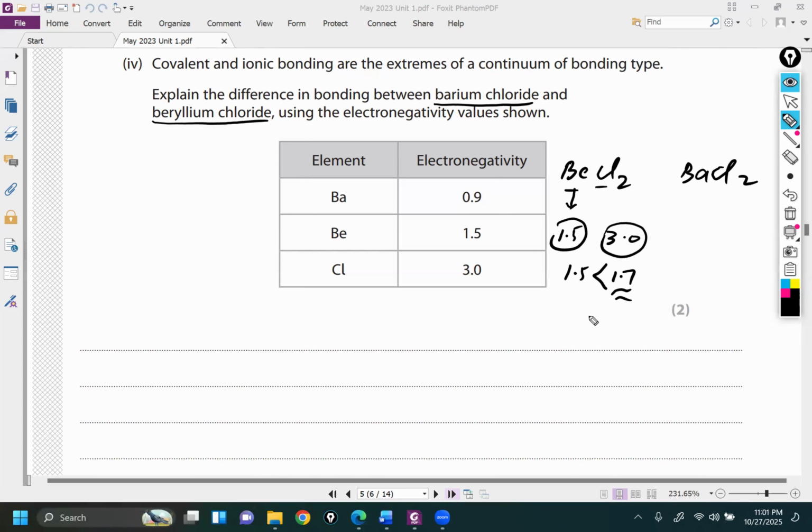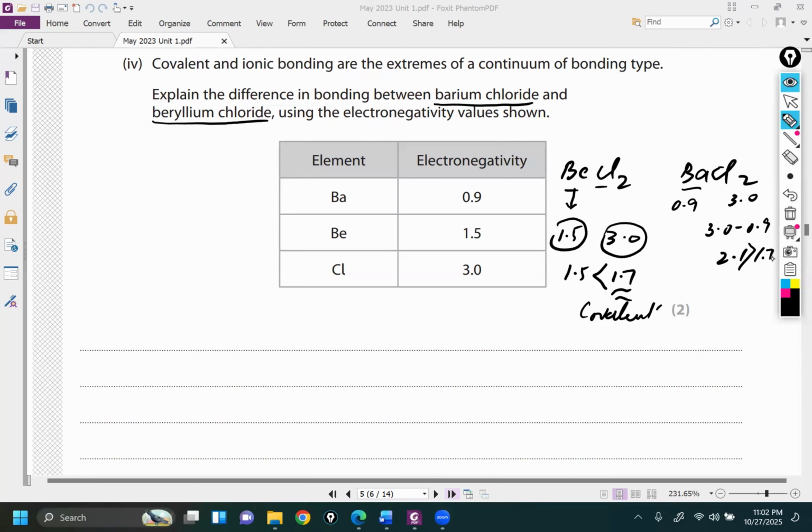So the bond will be covalent. And for barium chloride, the barium value is 0.9, while chlorine is 3. So the difference is 2.1, which is greater than 1.7, and the bond will be ionic.